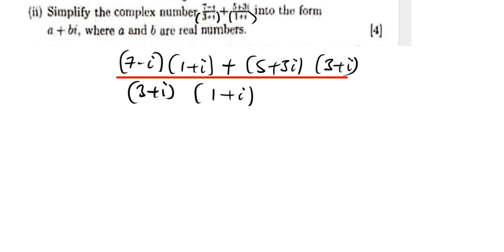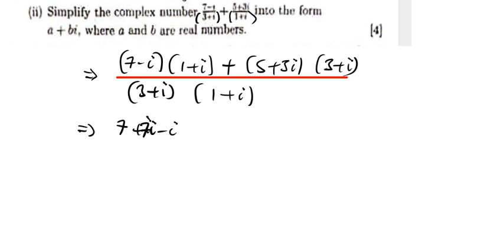Now we can expand. 7 times 1 is 7. 7 times i is 7i. Negative i times 1 is negative i.